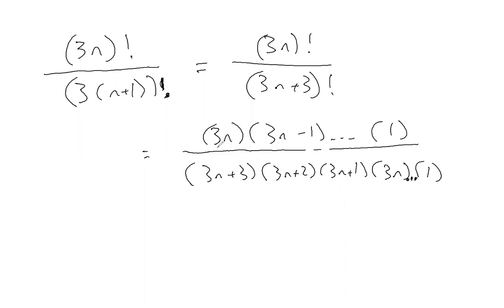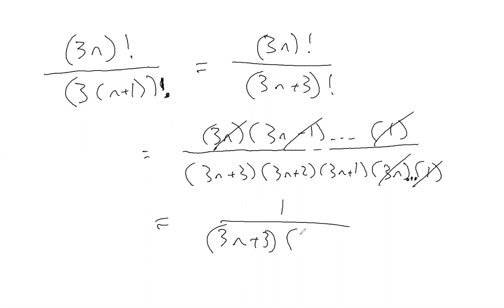My smaller factorial is going to be completely canceled. So all that stuff in the numerator is going to cancel. And it's going to cancel on the bottom too, right? I've got 3n, and then a bunch of terms in between here, and then 1. All these terms cancel. And what am I left with? I'm left with 1 over 3n plus 3 times 3n plus 2 times 3n plus 1. And that would be my simplified fraction.